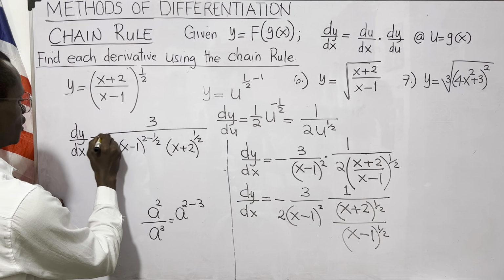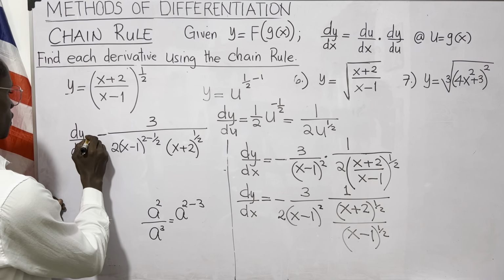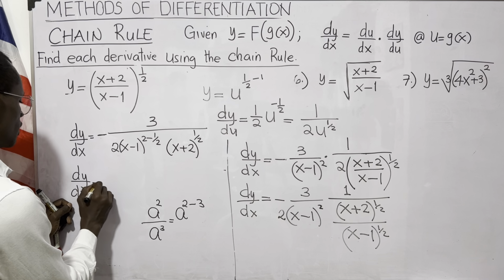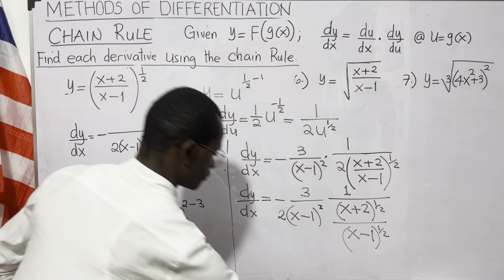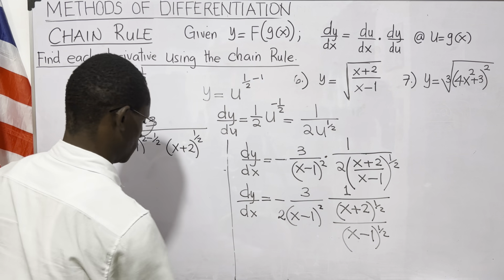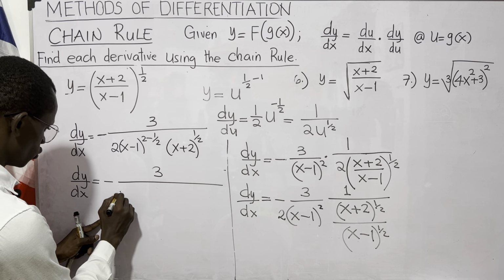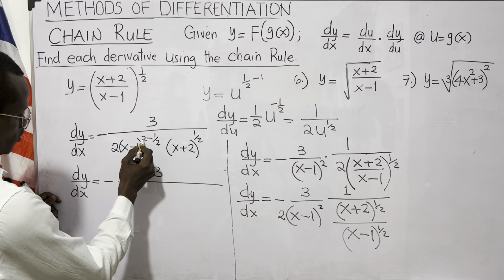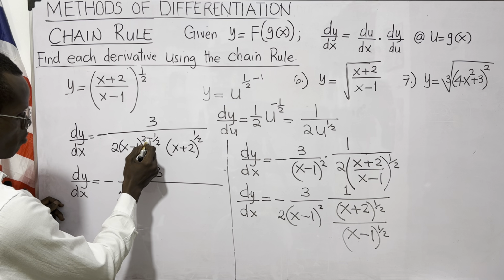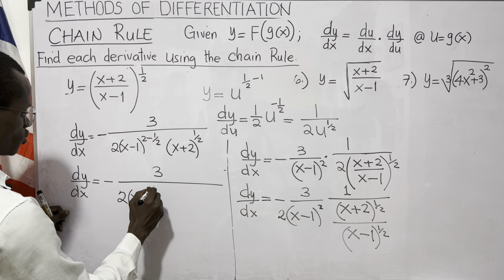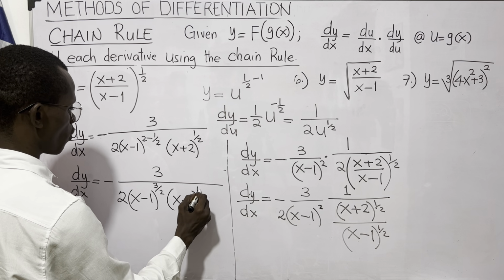Let's say the denominator now. Then we further simplify: dy by dx equals negative 3. So what is here? 2. Now 2 times 2 is 4. 4 minus 1 is 3. So it's x minus 1 raised to the power 3 over 2.